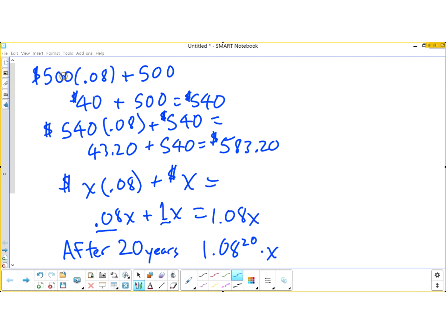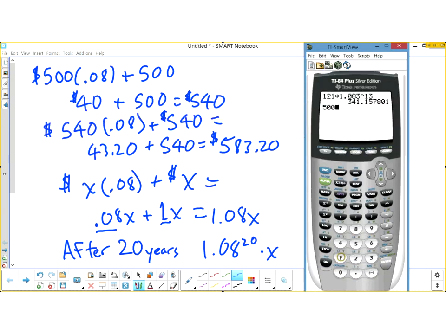So if I had started with 500, I would do 500 times 1.08, and then use that caret button for the power to the 20th. After 20 years, wow, that would be pretty nice. I would have more than quadrupled my money to $2,330.48 if we were going all the way out to the penny.